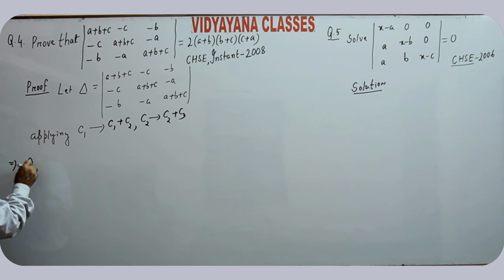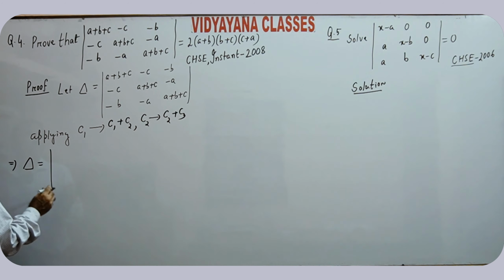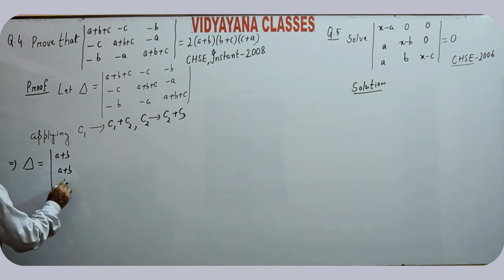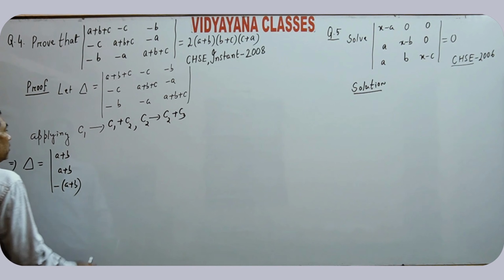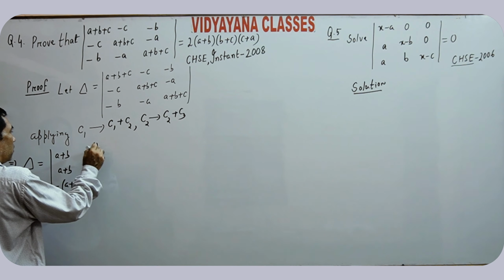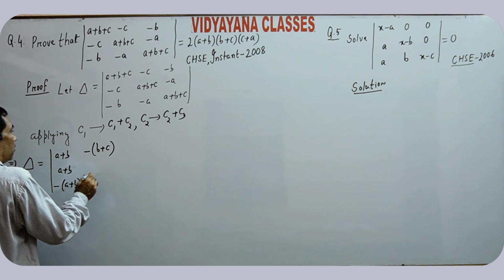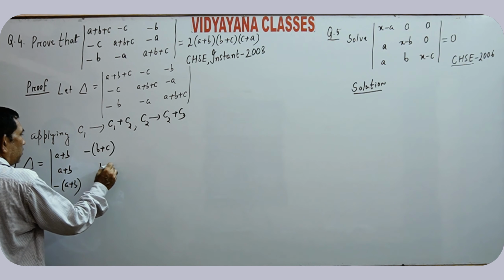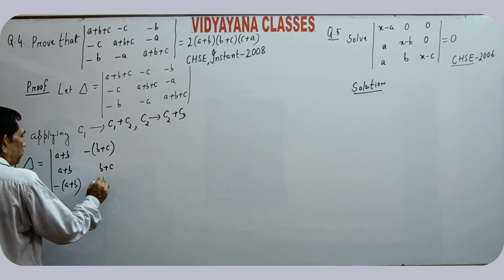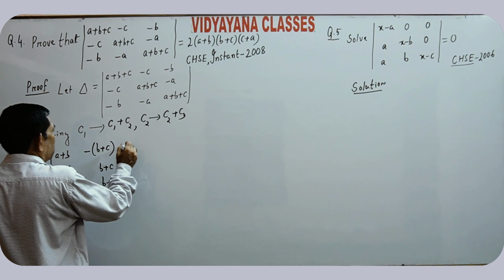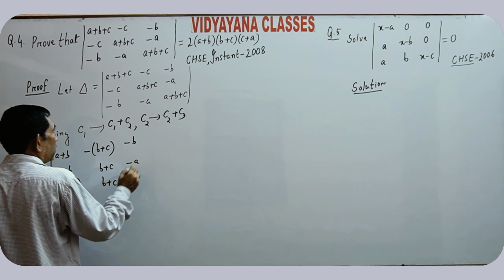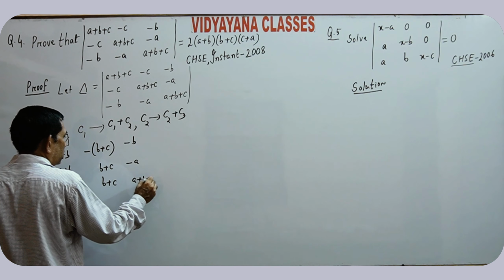Implies this del is equal to a plus b, minus of a plus b, C2 is replaced by C2 plus C3, minus of b plus c, b plus c and b plus c. Minus b minus a plus b plus c.